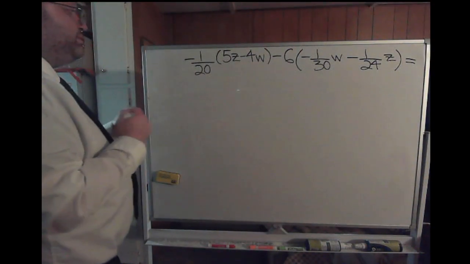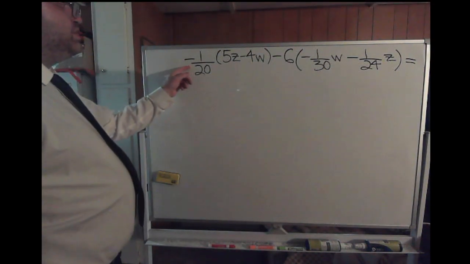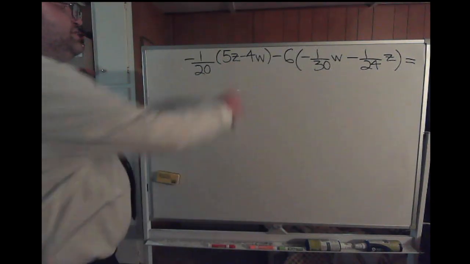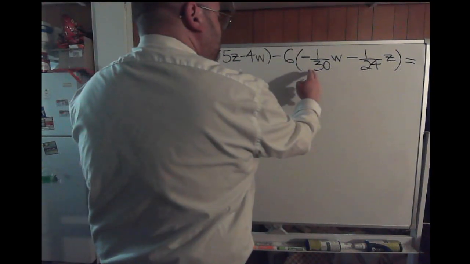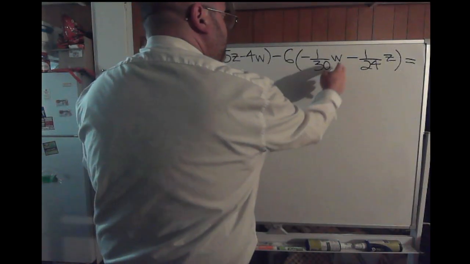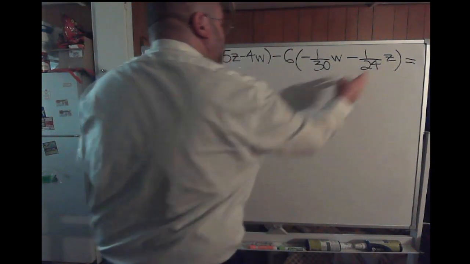Alright, so we got our nice doozy here of an expression. We have negative 1/20 times the quantity of 5z minus 4w minus 6 times the quantity of negative 1/30 w minus 1/24 z.